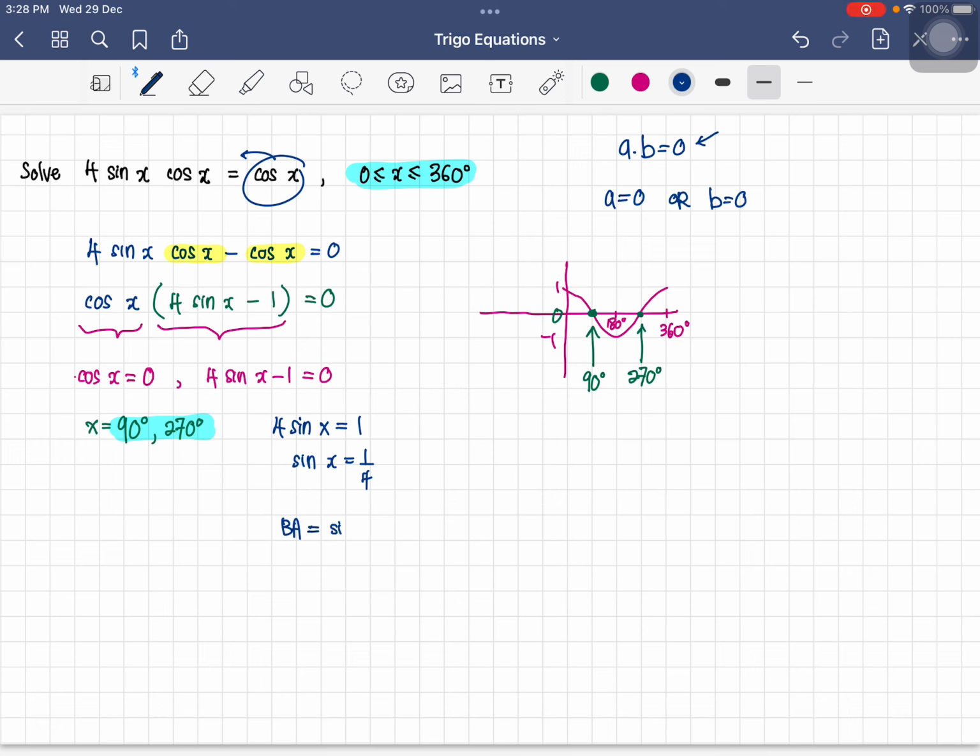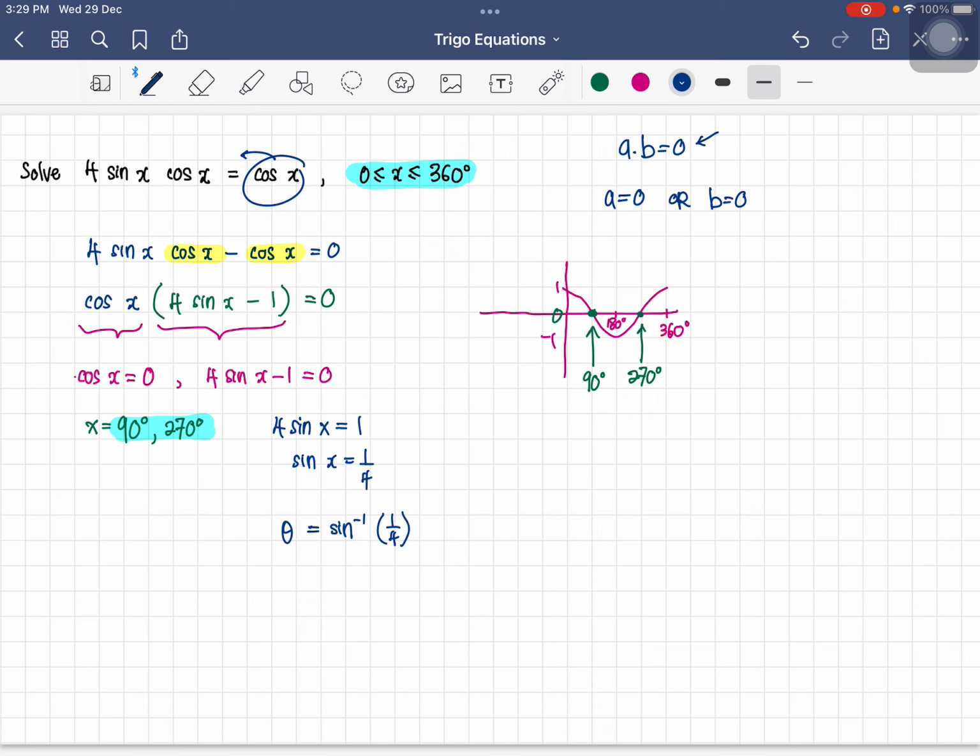Let's say I call that basic angle theta. So theta is sine inverse of 1 over 4. If it is negative, you just take the positive part only.